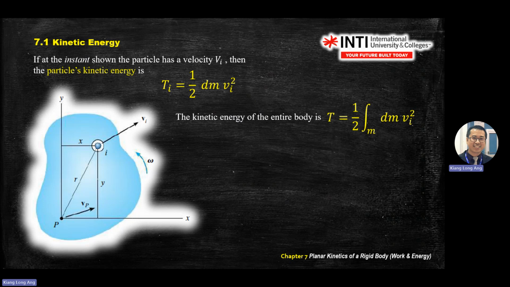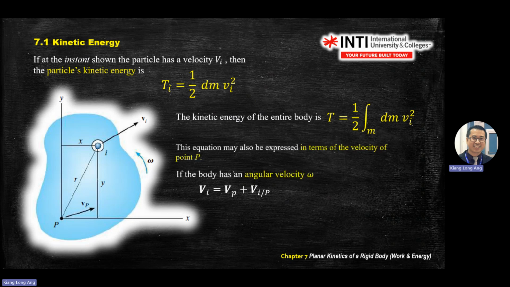So when we come to rigid body, we need to do integration because this is a body. We need to sum all the small components into one big body. So the first equation for today is the kinetic energy, half mv squared. What is different is that you need to integrate over the mass.